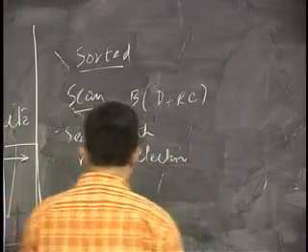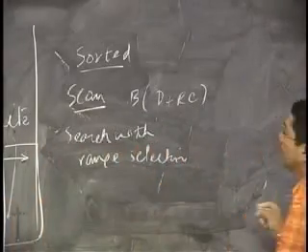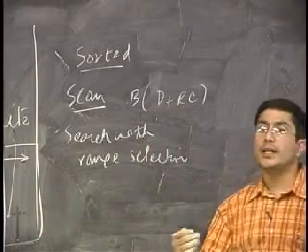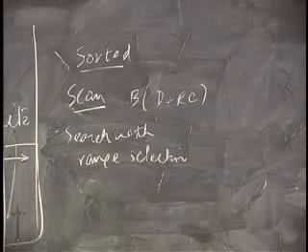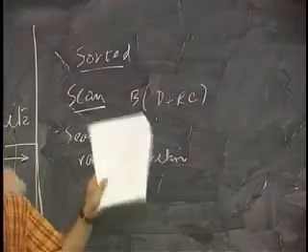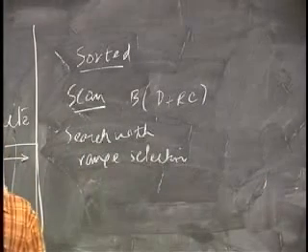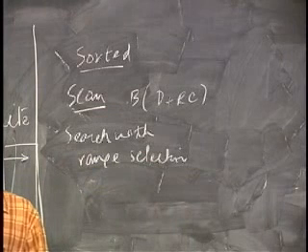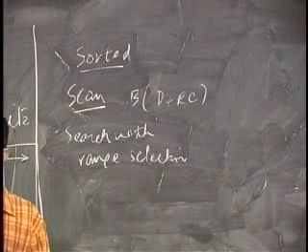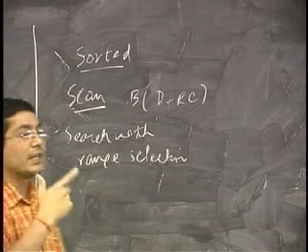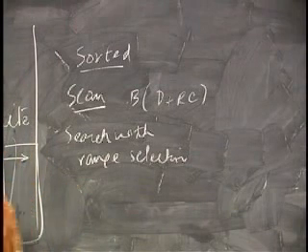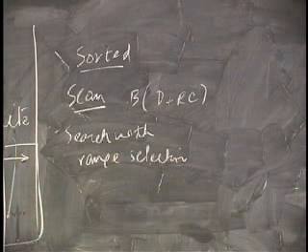Search with range selection. So in range selection, the only difference that comes in is you'll have multiple matches. Same as we did for the equality match, but now you have an added processing time, because you will have more matches that need to be incorporated.